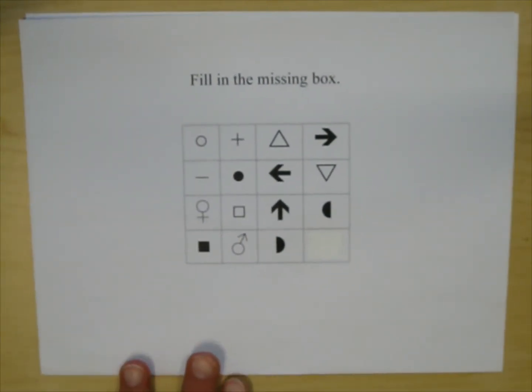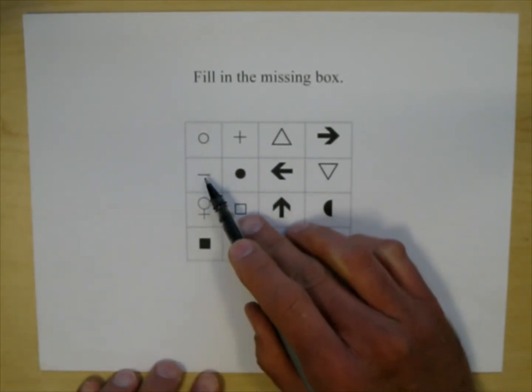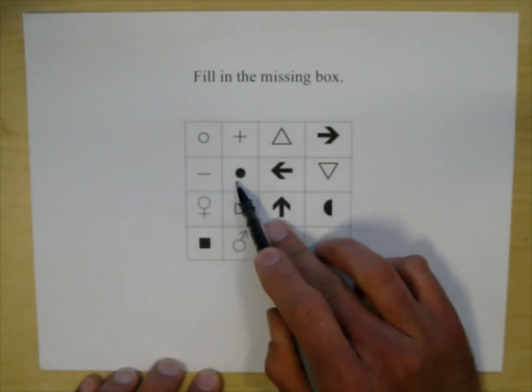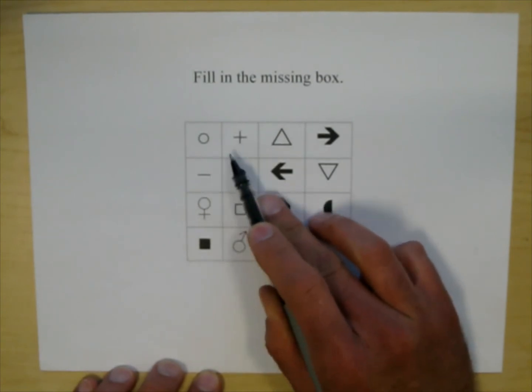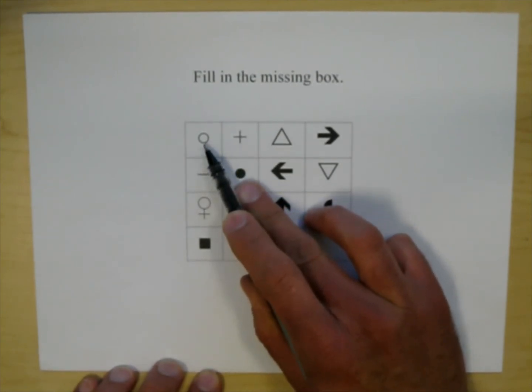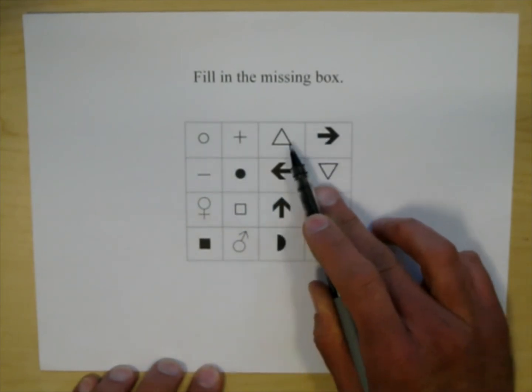What goes in the box? Okay, well, if you're taking a look at things, we have this square here that consists of 4 squares, and if you look at the opposite squares, you have a minus and a plus, and then over here you have an open circle or a white circle and a black circle. Well, look over here, it's the same thing.